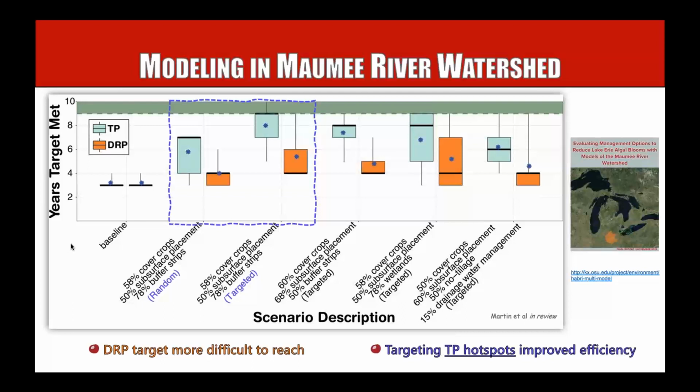And you can see by doing that, we greatly increase the number of years we met the target. So there's a tremendous advantage if we can locate these practices to where they're most needed. And there have been a lot of other important results from the watershed modeling, but that's really what guided this project that I'm talking about today.